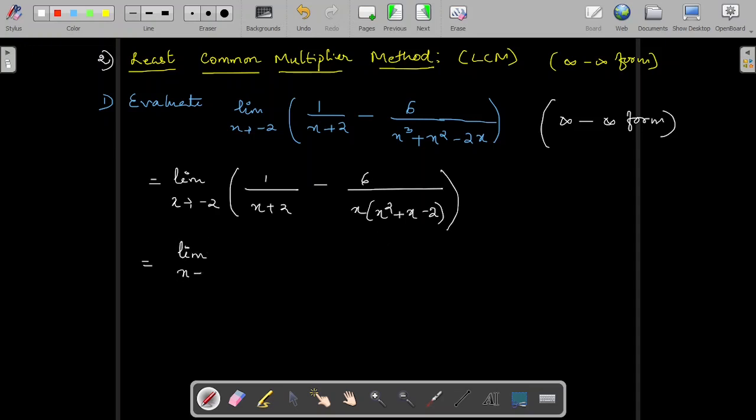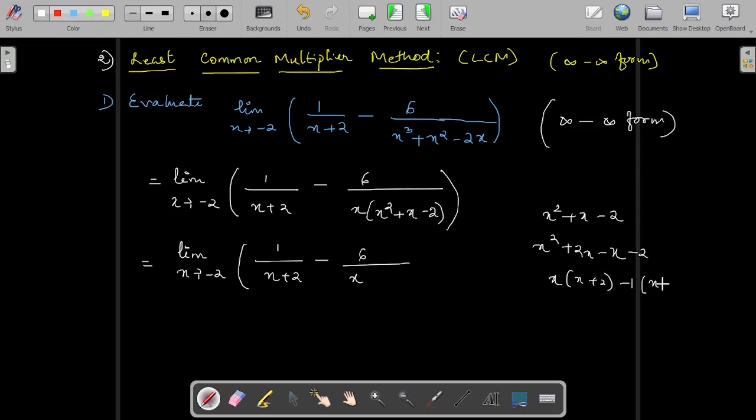The factors are like this: x square plus x minus 2, x square plus 2x minus x minus 2, because 2 ones are 2, 2 into minus 1 is minus 2, 2x minus x gives you x. So x into x plus 2 minus 1 into x plus 2. So the factors are x plus 2 into x minus 1. So I'll get x plus 2 into x minus 1 into this x.